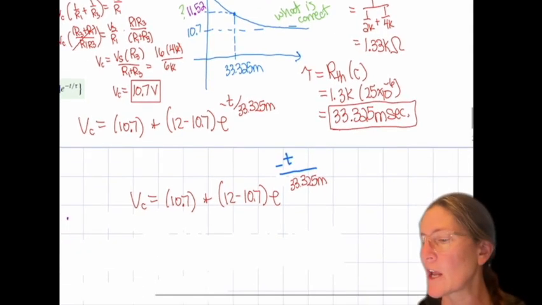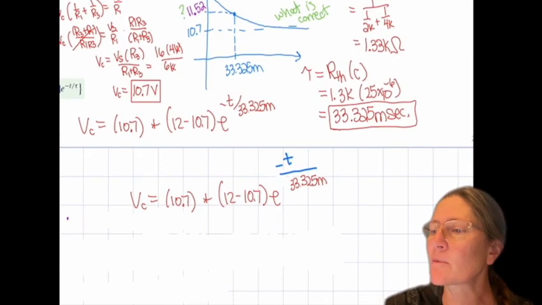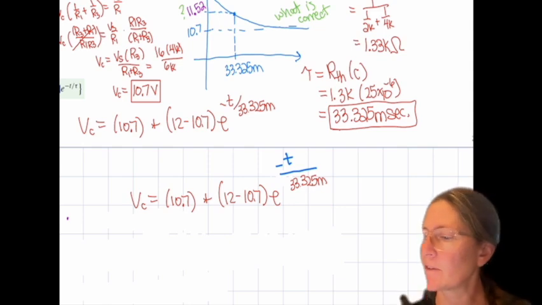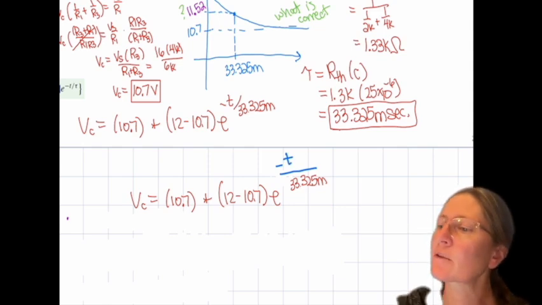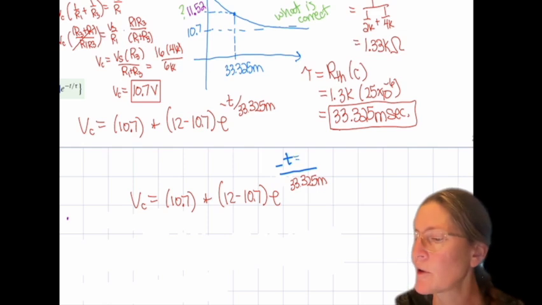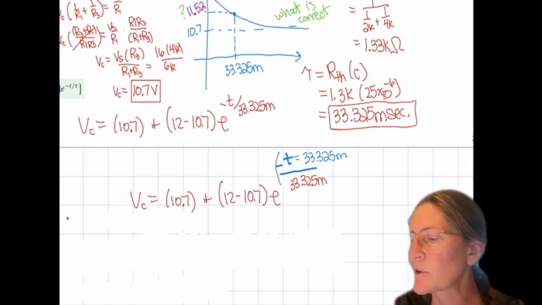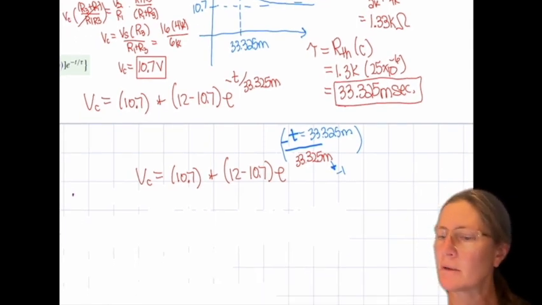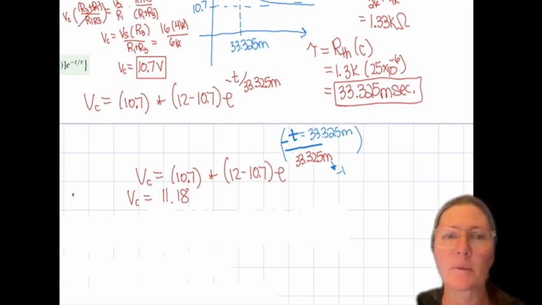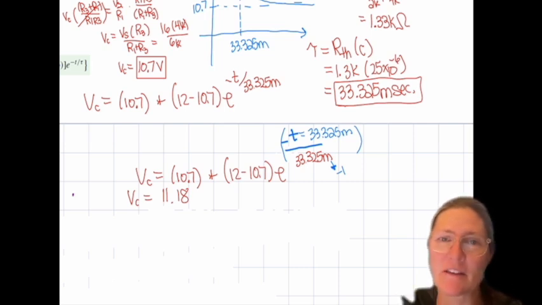So you know that at 1 time constant, t is equal to 33.325 milliseconds, which then puts this whole quantity to -1. So you just plug this into your calculator and you're going to see that it will actually be 11.18 is going to be the value.